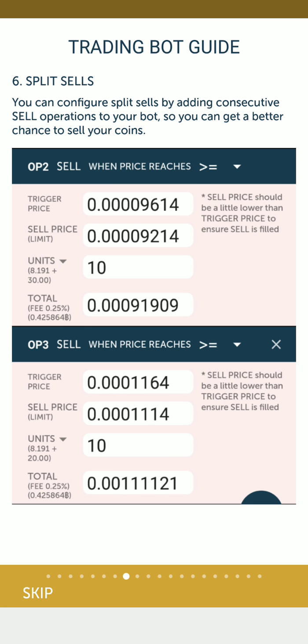Option 2, when price reaches trigger 96.14, sell price limit 92.14, units 10, and then down here you would walk away with 0.0091909 BTC.